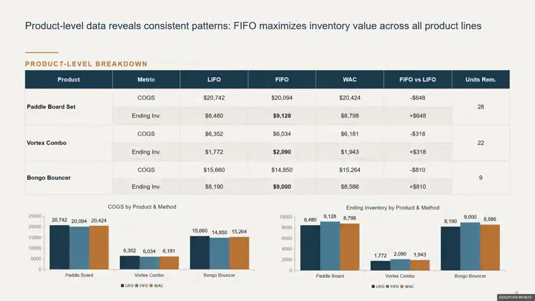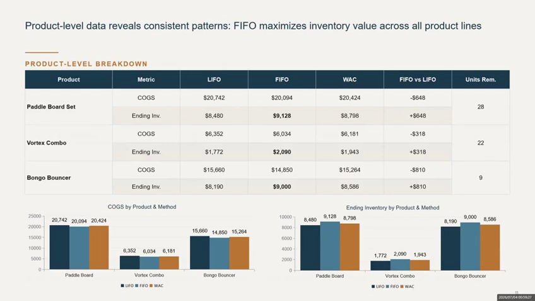In addition, I broke down the analysis into individual product lines for cross validation to ensure consistency in methodology. At the aggregate level, FIFO outperforms other methods by reporting higher ending inventory values, a conclusion fully supported by breakdown data at the product segment level.